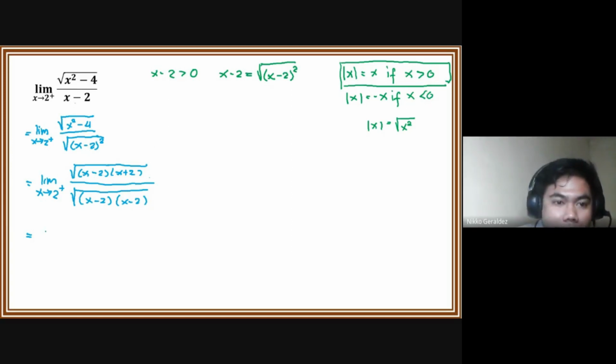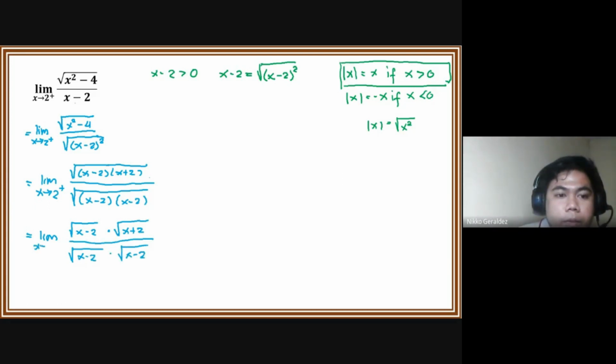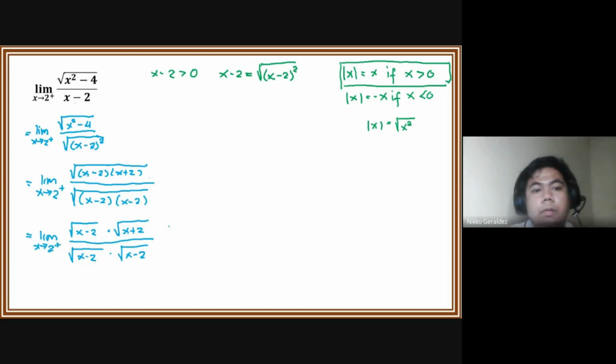So, ang gawin natin, ipaghiwalay natin x minus 2 saka x plus 2. Ganun din sa denominator. So, limit of square root of x minus 2 times square root of x plus 2 over square root of x minus 2 times square root of x minus 2 as x approaches 2 from the right.